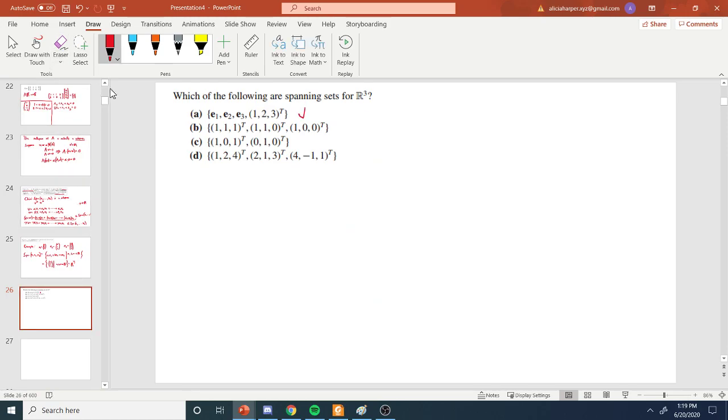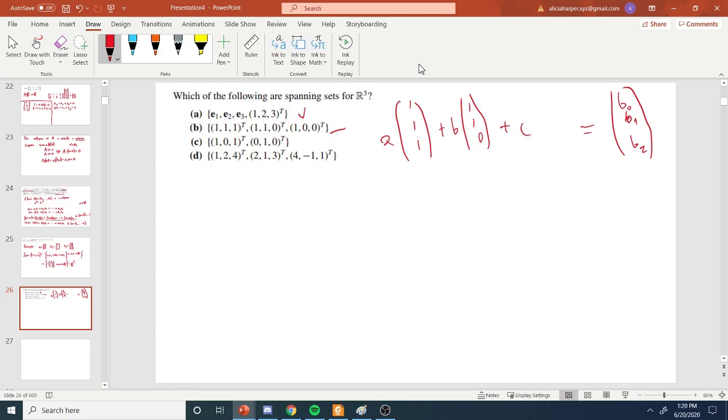So how about we look at B and we ask, is this a spanning set? Well, basically what we want to do here is understand which vectors b0, b1, and b2 can be written as a combination of a times (1, 1, 1), plus b times (1, 1, 0), plus c times (1, 0, 0).